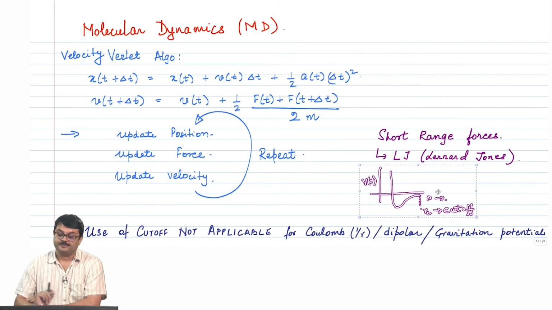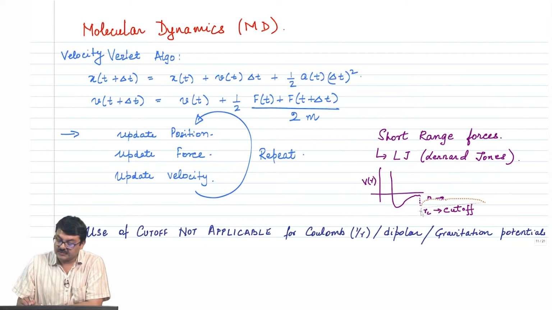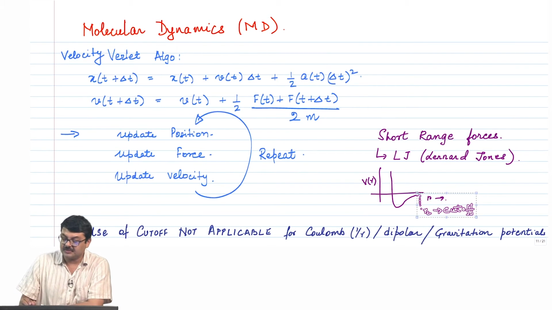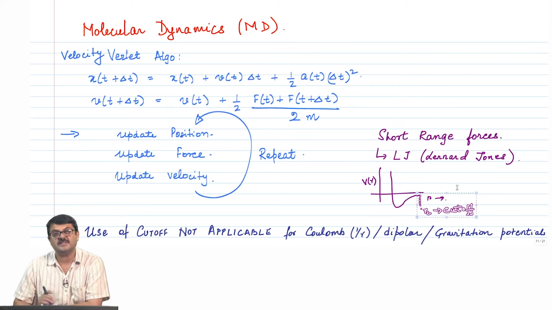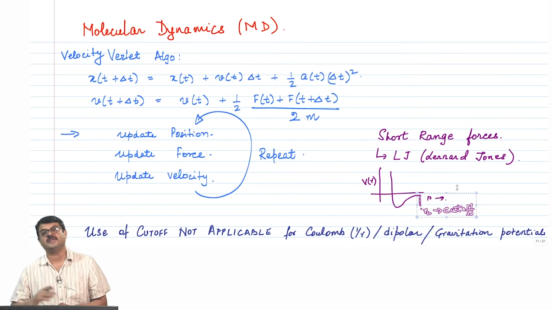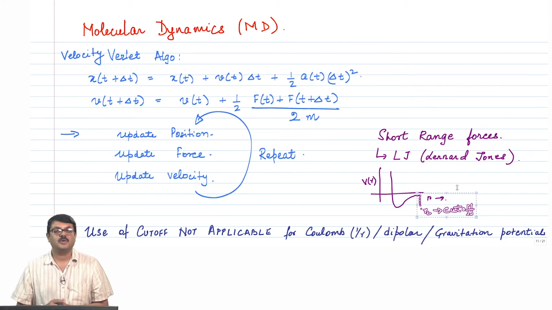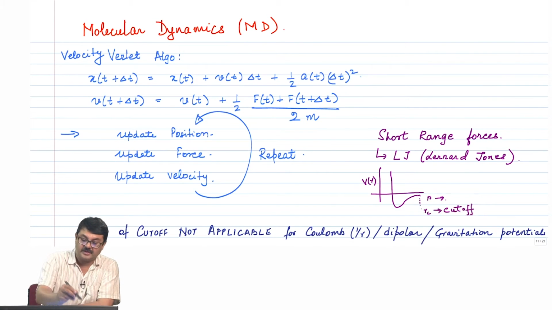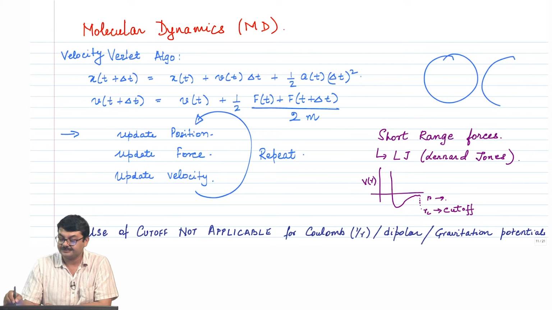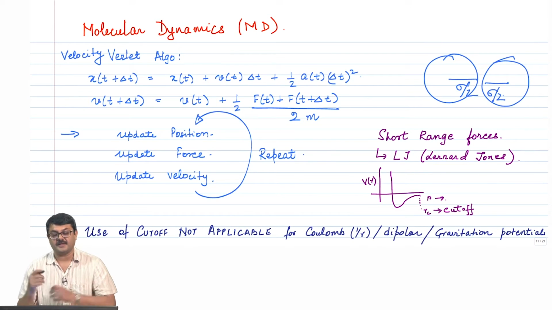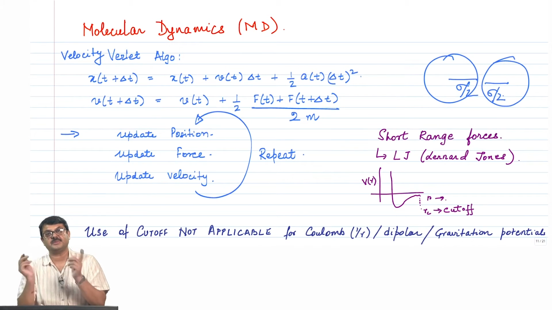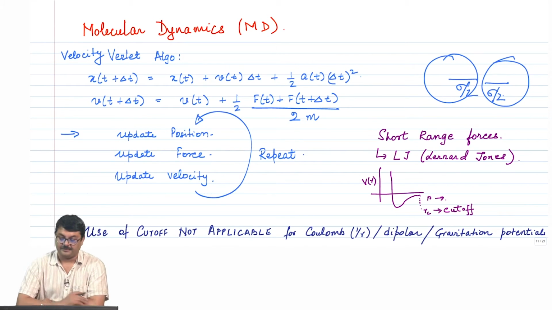If you remember, we had decided to use a cutoff of the potential, because the interaction force is extremely weak at distances larger than around 2.5 or 3 sigma. What is sigma? Sigma was the diameter of the particles. If you have two particles, each has radius sigma by 2, and when the two particles touch, the distance between their centers is sigma.